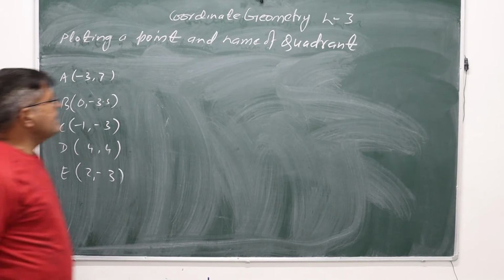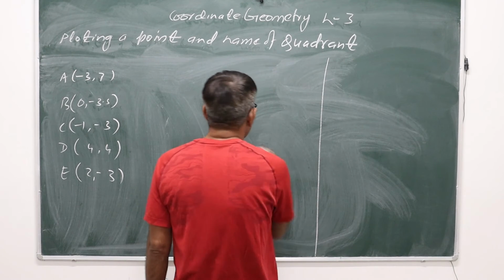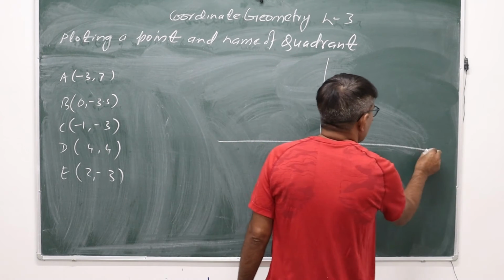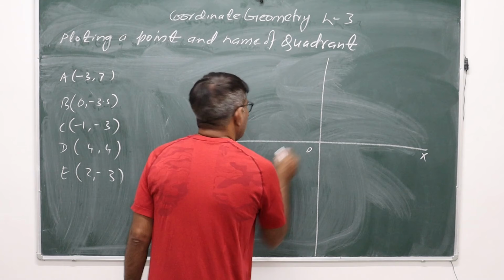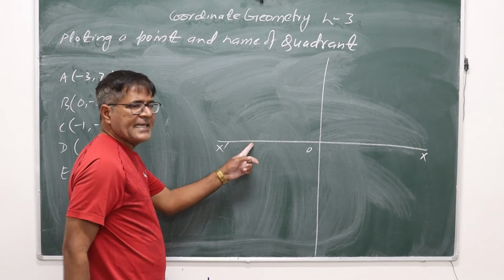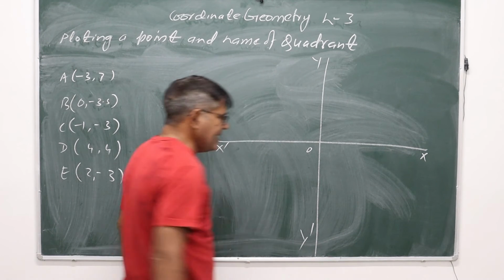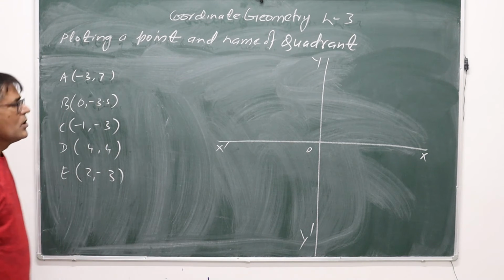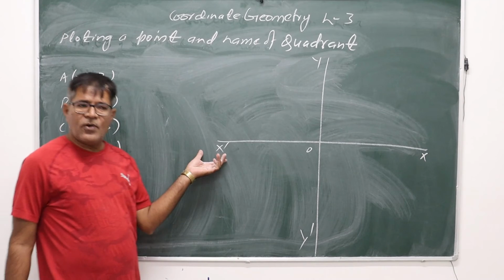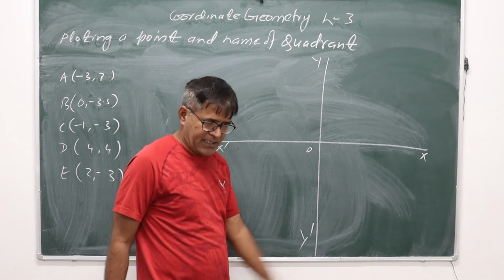To plot these given points, first of all, we will draw these mutually perpendicular lines on a graph paper. The horizontal line is XOX', which is known as the X-axis, and this is known as YOY', that is the Y-axis. Sometimes the X-axis is known as the horizontal axis and the vertical line is known as the Y-axis.